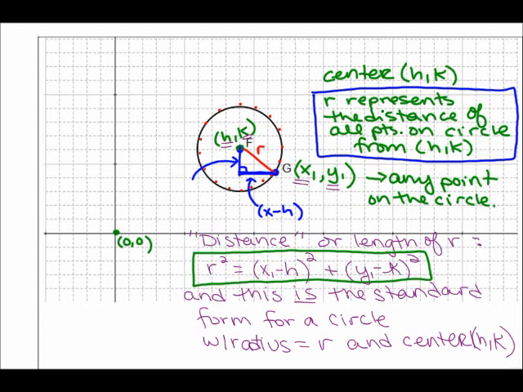And then your other leg, that's just the same thing as y minus k. Okay, then if you just think of it in terms of Pythagorean theorem, you have a leg squared plus another leg squared equals your radius squared. Which is exactly what we have here in our standard equation for the circle.